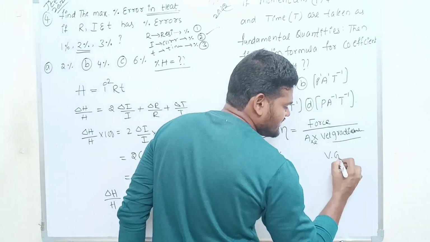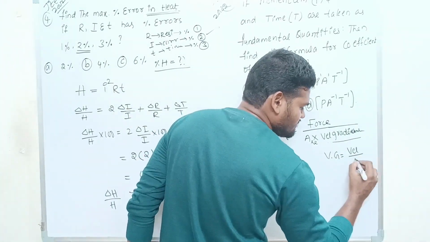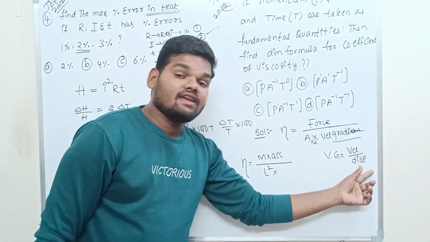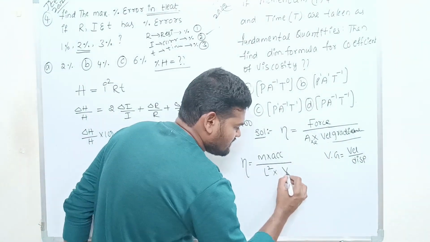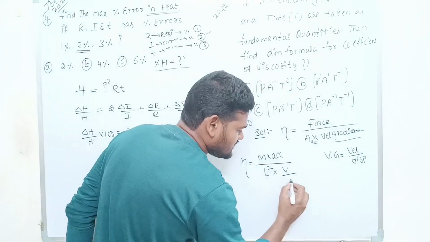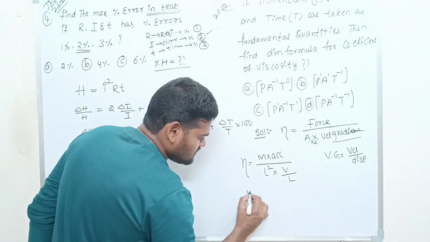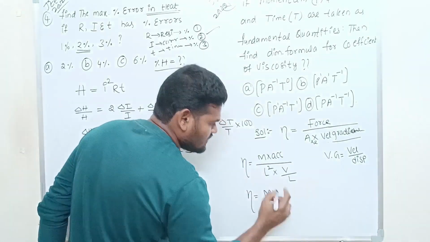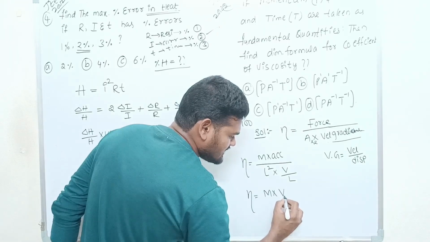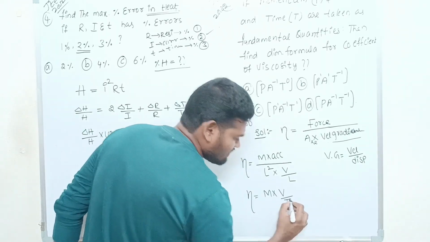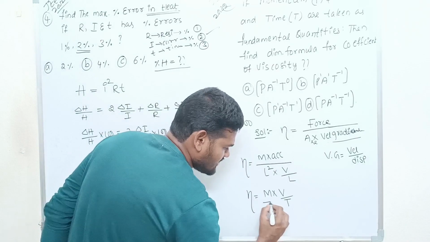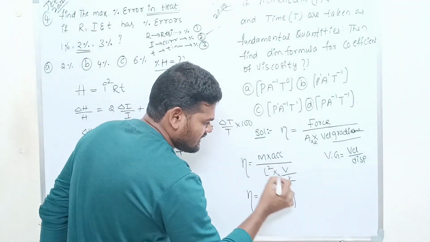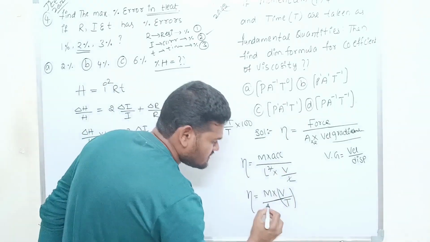Velocity gradient is nothing but velocity divided by displacement, and displacement is L. So now the coefficient of viscosity eta is equal to mass into acceleration, which is velocity divided by time. Velocity by time is nothing but acceleration. Here one L gets cancelled out, and we have V into L.